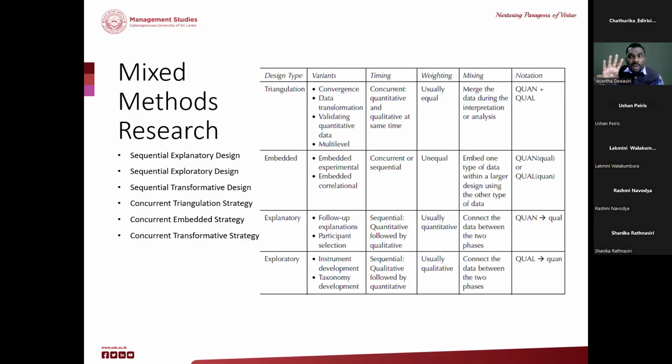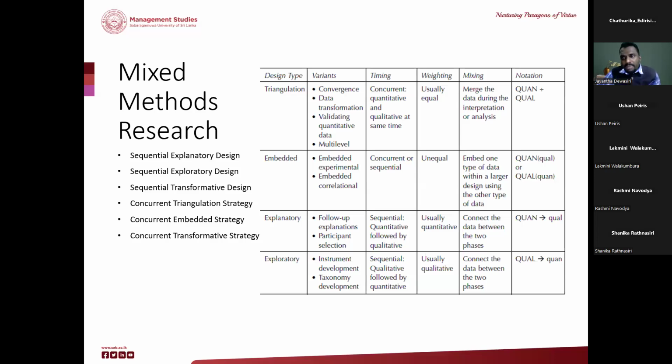We discuss four factors: timing, weighting, mixing, and theorizing. So in the third design, theorizing plays a vital role. There is a sequence, it can be either sequential exploratory or explanatory, but theory plays a vital role.